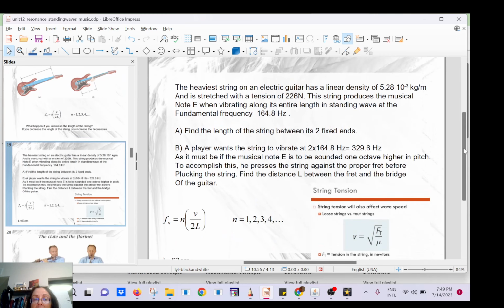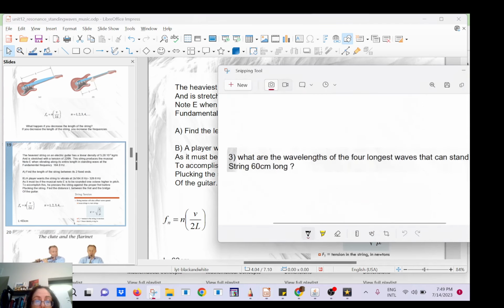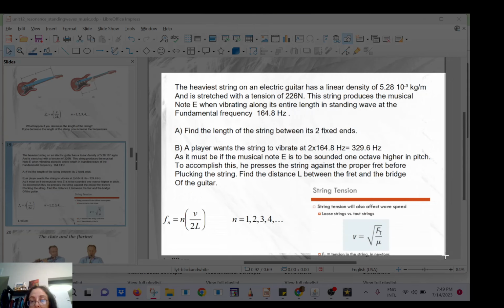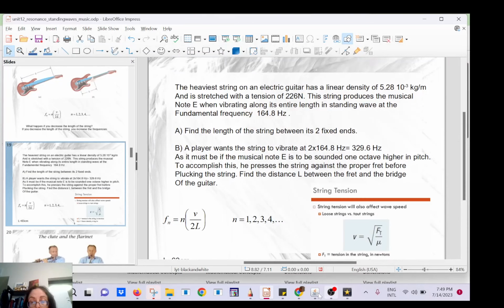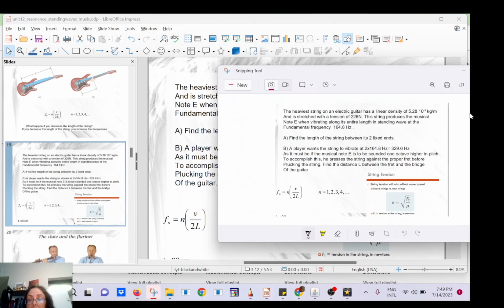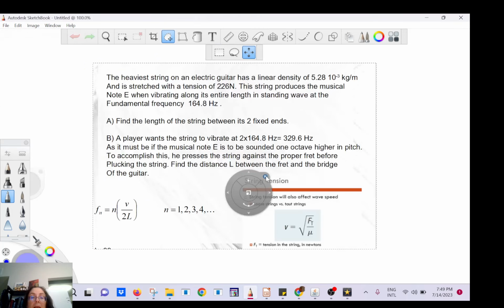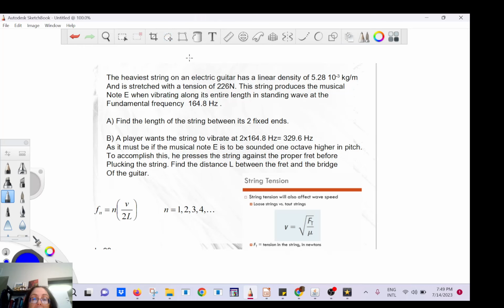Okay, let's try to do this one. So what does it say here? That's a linear density.